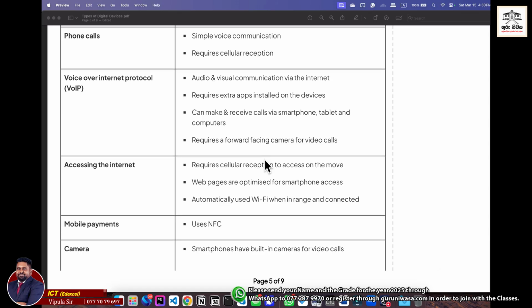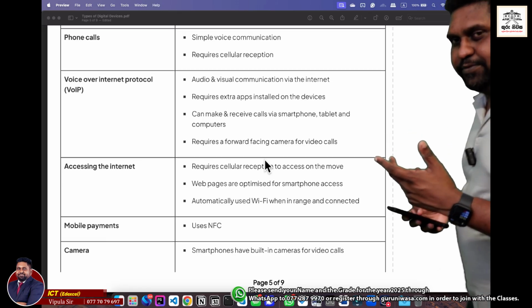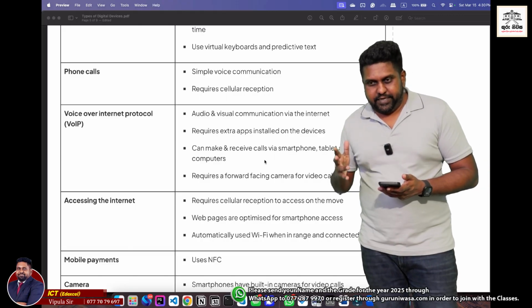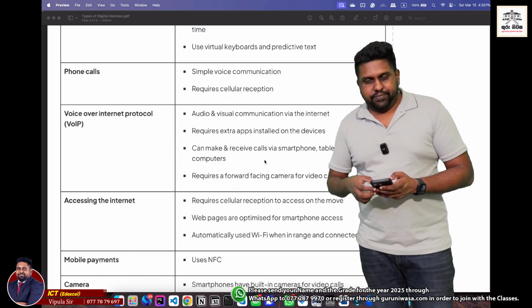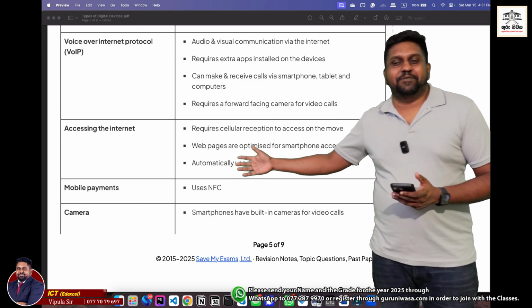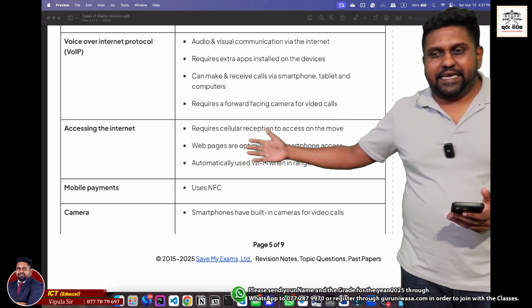These three are the primary items which we use, and then we have the secondary items, such as accessing the internet.